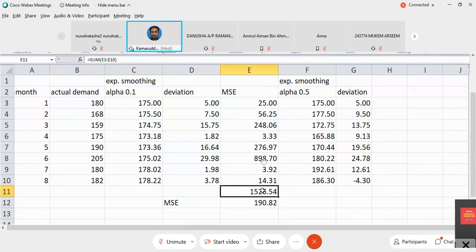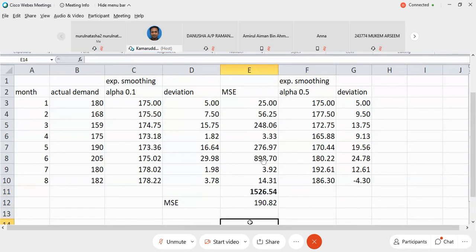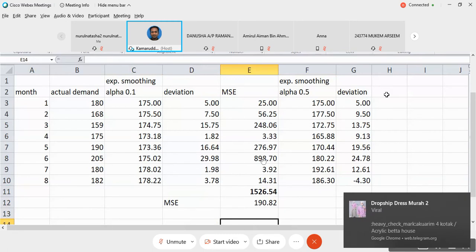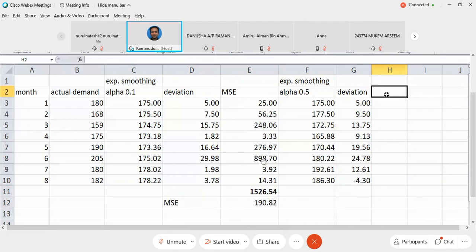Okay. So we have the answer for the mean square error: 190.82. Let's say we do it again for the alpha value of 0.5, measuring the mean square error, the equation for MSE.